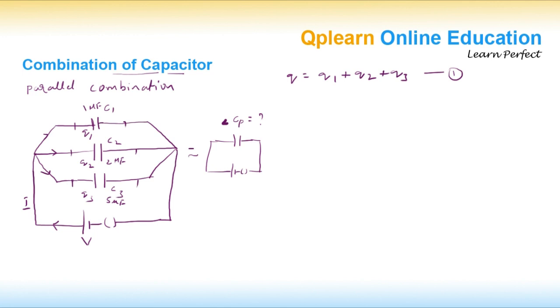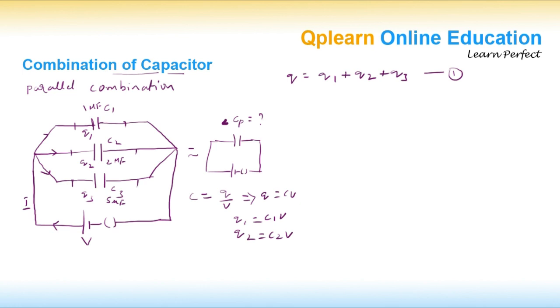Now, what is the formula of capacitance? Capacitance is equal to charge divided by voltage. Taking the charge outside, the charge is equal to C into V. So Q1 is equal to C1V, Q2 is equal to C2V, and Q3 is equal to C3V.